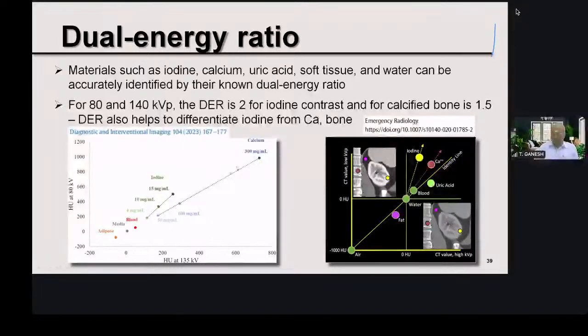They produce distinct slopes, and using the HU measured at one high energy and one low energy, we can easily know the HU value at low kV and at high kV. So we will be able to find out what the materials are, and differentiate iodine from calcium and from bone.